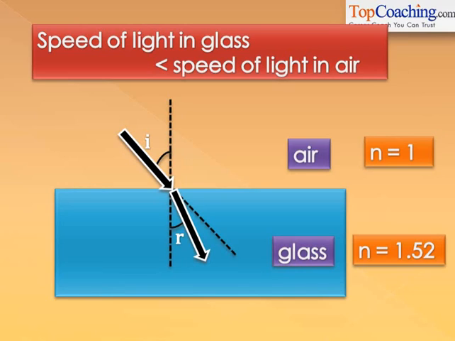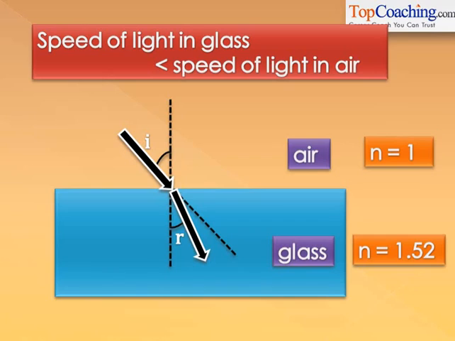You see, speed of light in glass divided by speed of light in air is refractive index of air divided by refractive index of glass, isn't it? So speed of light in glass divided by speed of light in air is 1 divided by 1.52. That is less than 1, isn't it? Therefore, the speed of light in glass is less than the speed of light in air.